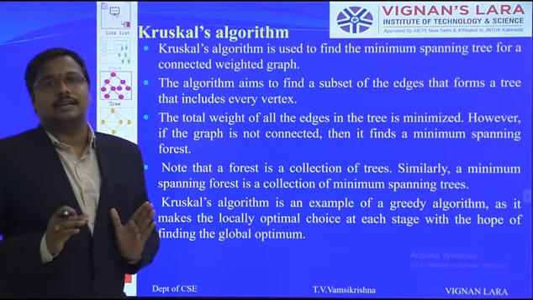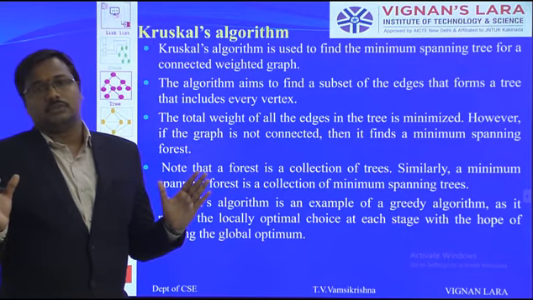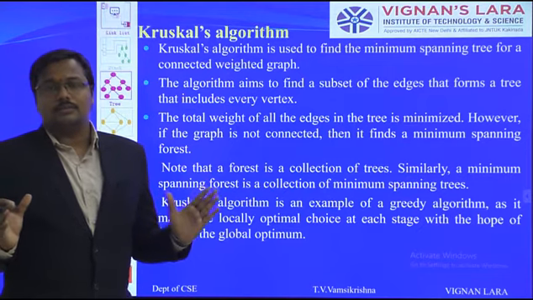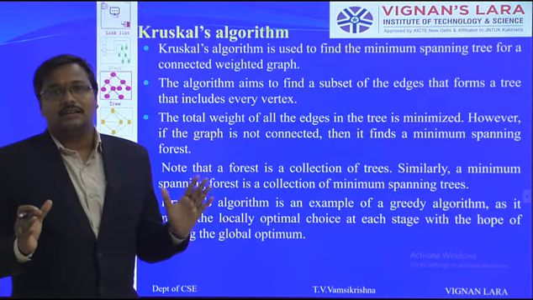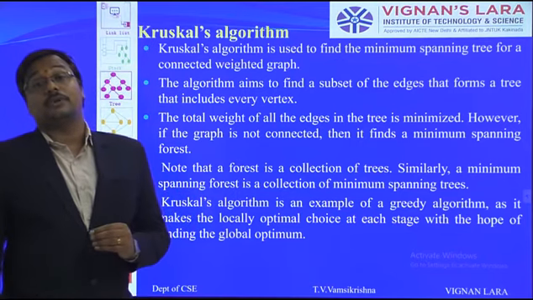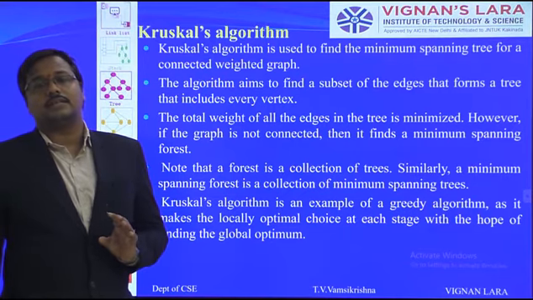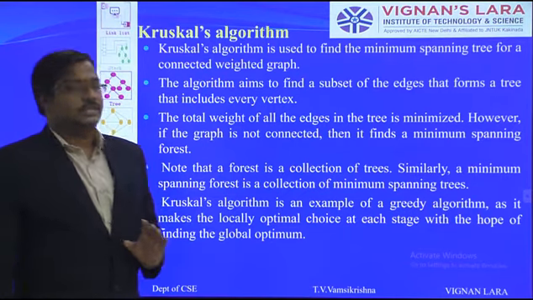But in Kruskal's algorithm, we work based on the edge set. Based on the edge set, one by one we select the minimum edge, irrespective of the vertices. That's why Kruskal's algorithm can be called edge based.